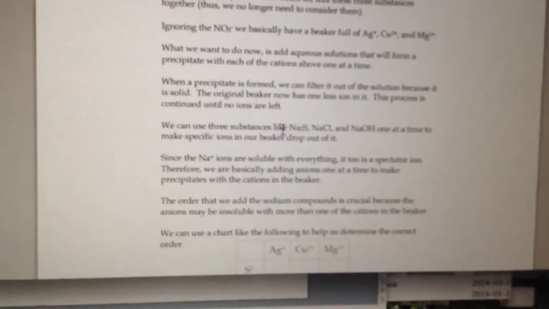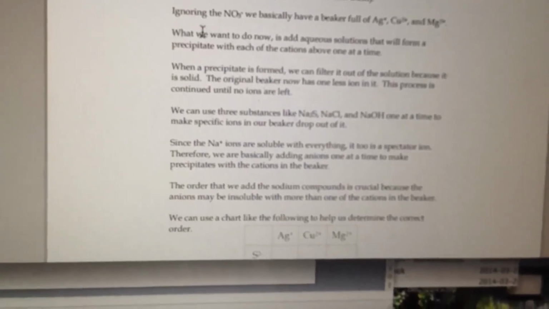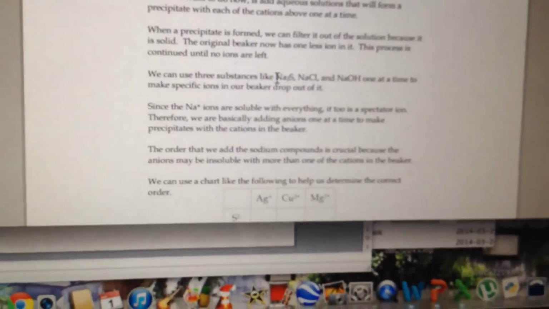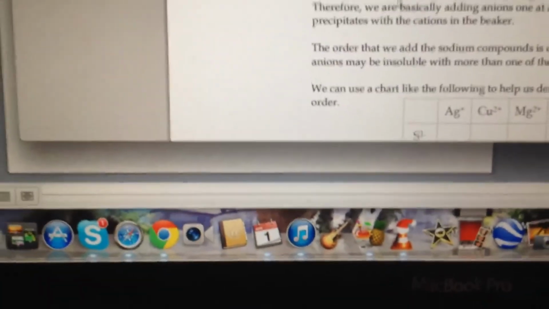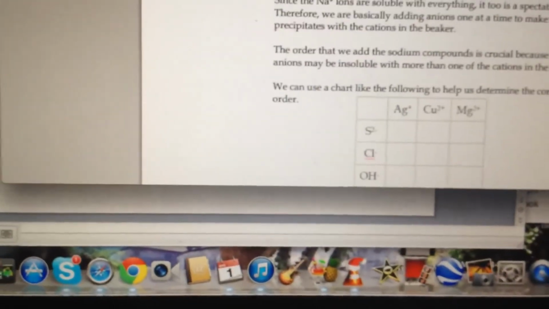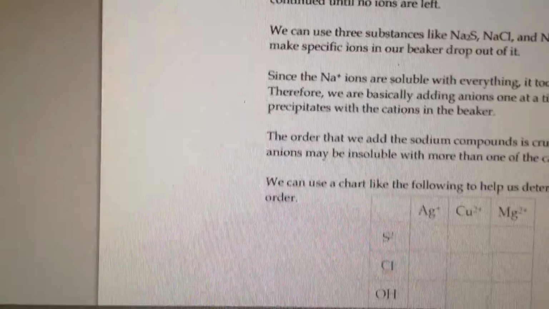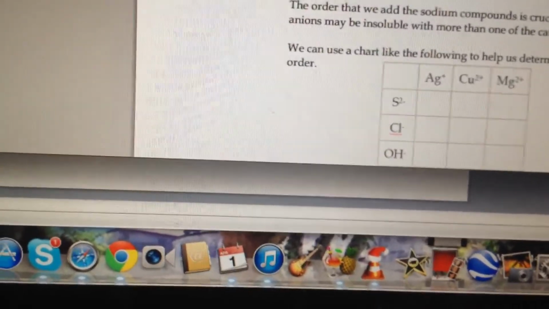And what we're going to use for that is we're going to add sodium ions into the beaker. Oh wait, no, sorry.